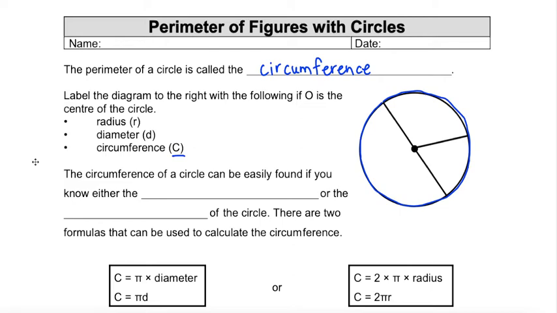That's right here. The diameter of a circle is the entire width of my circle. So this is the diameter, and the radius of my circle is half of the diameter, or half the width of the circle.